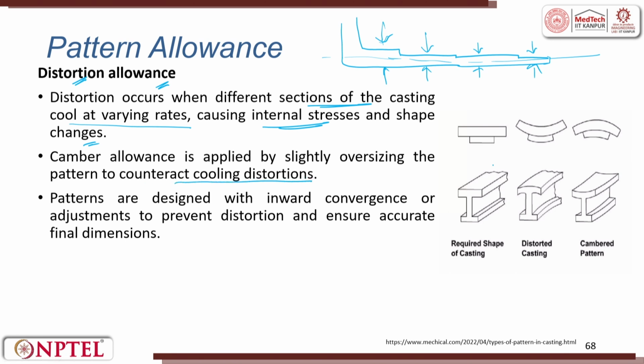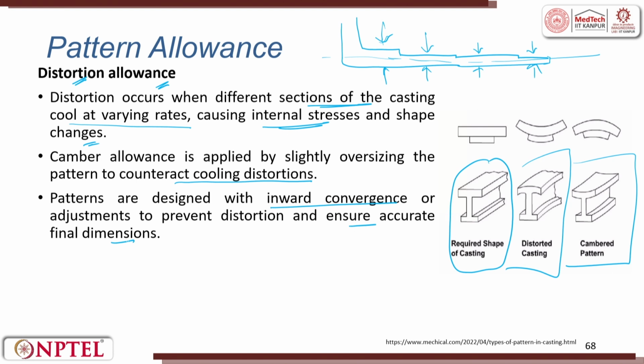So, this is the required shape of the casting, this is the distorted casting, and this is the camber pattern. So, now I can get this. Camber allowance is applied by slightly oversizing the pattern to make sure that while cooling it tries to give you the best. The patterns are designed with inward convergence and adjustments to prevent distortion and ensure accurate final dimensions.